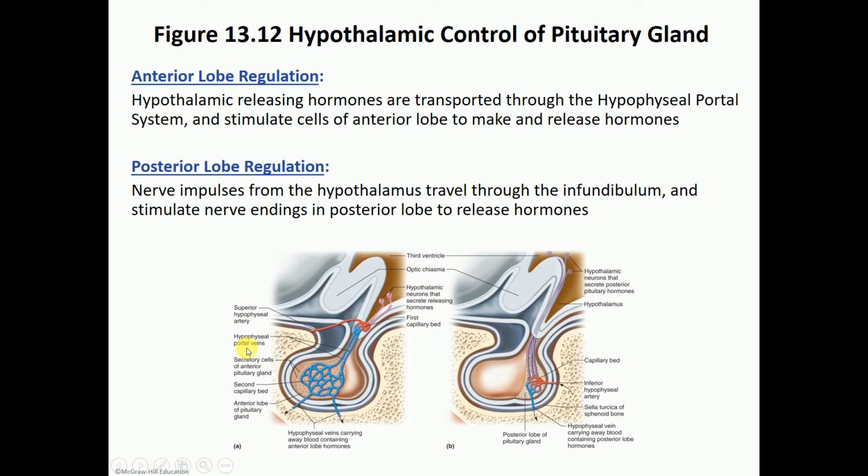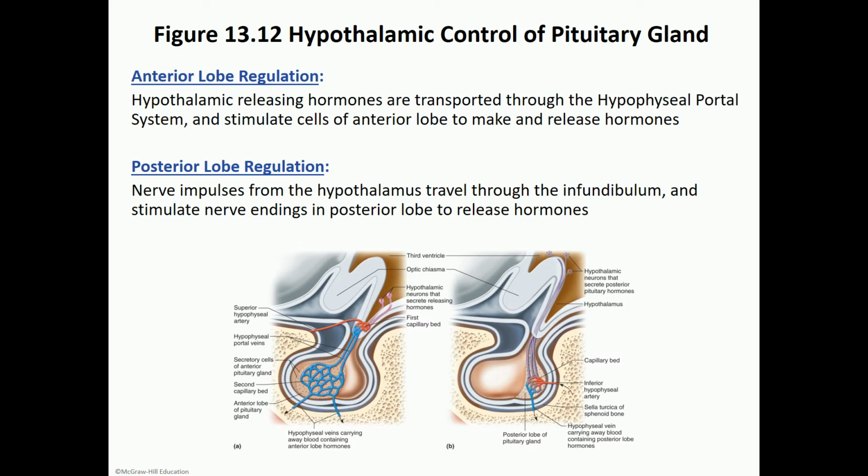And a portal circulation are capillaries that connect arterioles to arterioles. So usually in the circulatory system, we talk about how it goes from artery and then smaller arterioles, then to a capillary, and then blood flows from a capillary to venules. When we talk about portal circulations, though, you'll find that it goes arterial, capillary, and then arterial again.